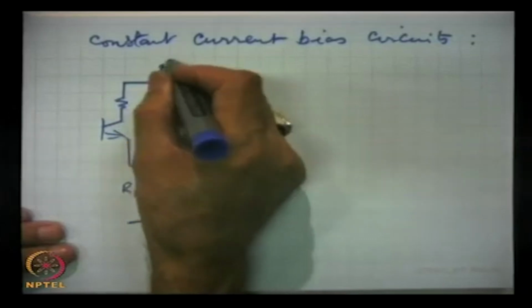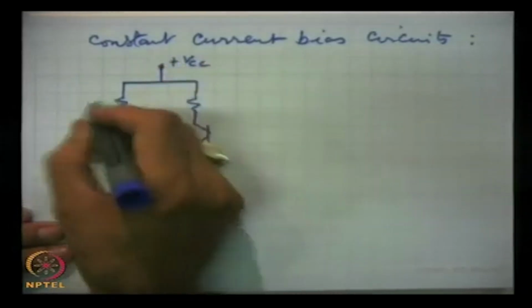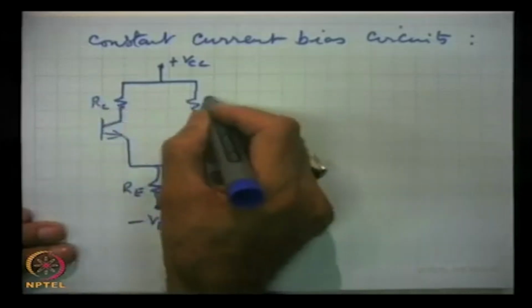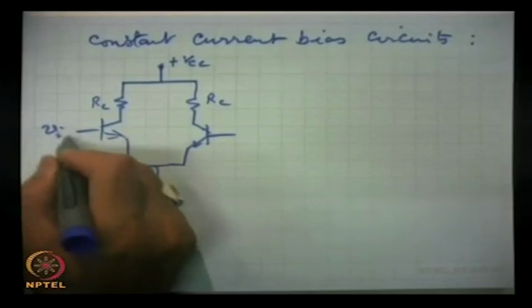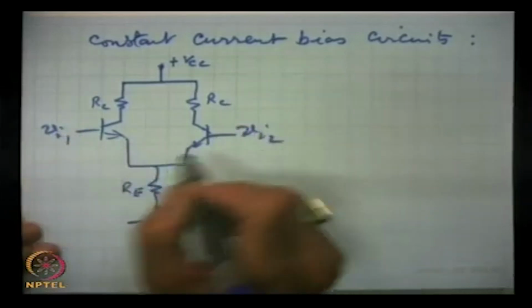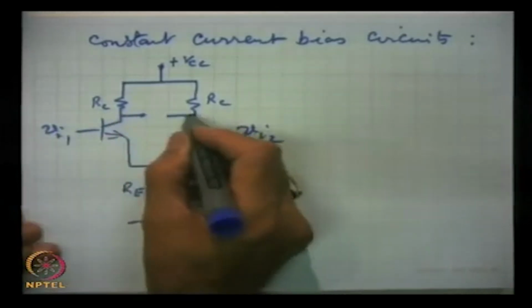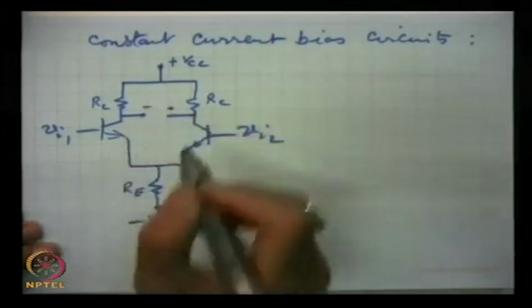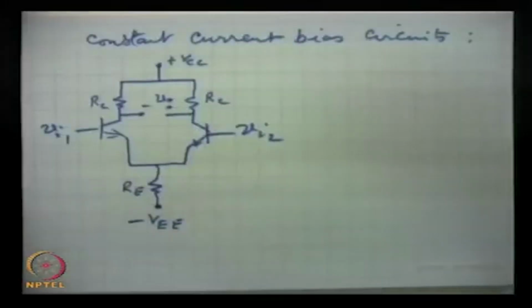And remember, we have made a statement several times, with Vi1, Vi2, that in the whole AC analysis we had taken this as a constant current source.